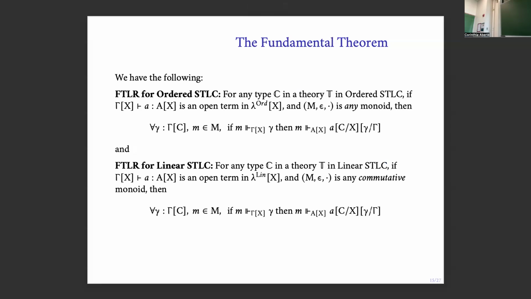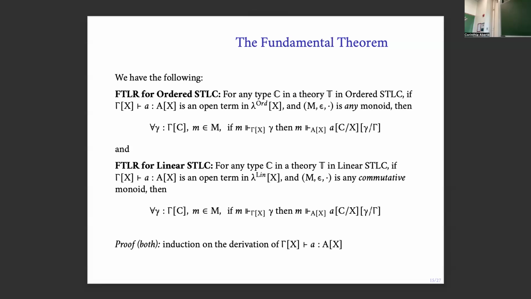And for linear simply typed lambda calculus, it's almost exactly the same, except we require that M is a commutative monoid instead of just an arbitrary monoid. The proof of both of these, again, is by induction on the derivation of this.